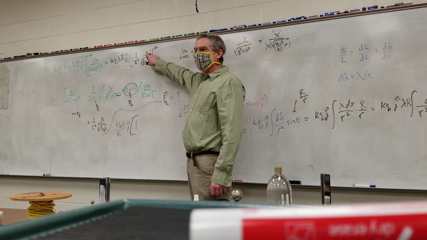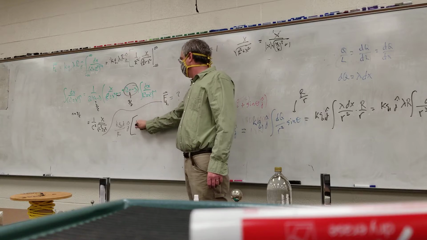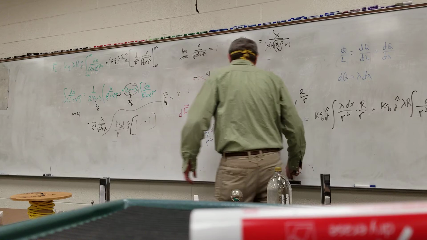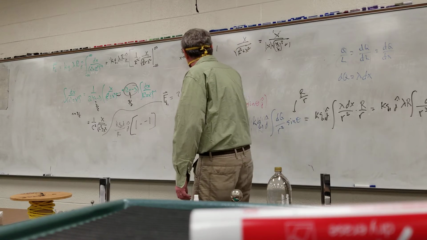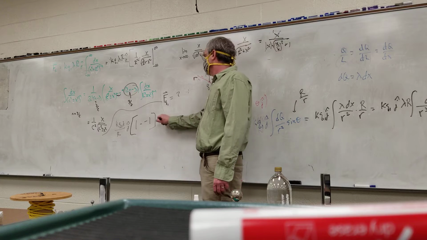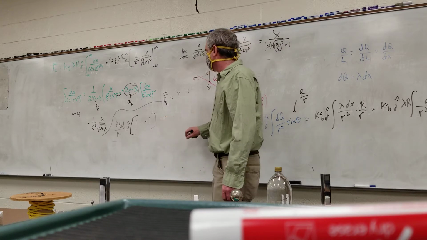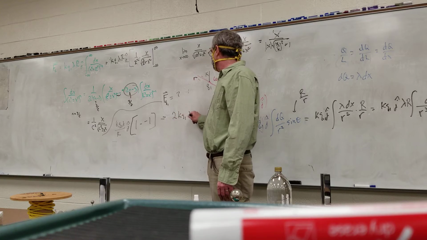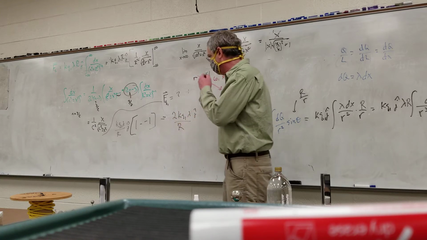We get a negative on top, the denominator is still positive, so minus negative 1. So we get a 2 there. And it looks like we're almost done. There are a couple things left to do. So 2 k q1 lambda j hat over r.